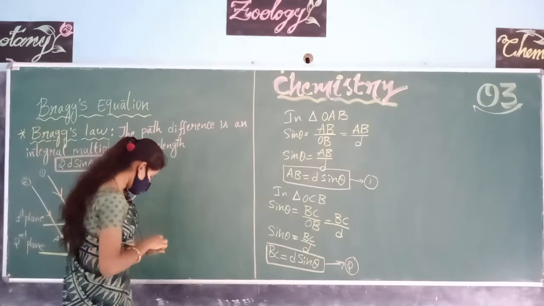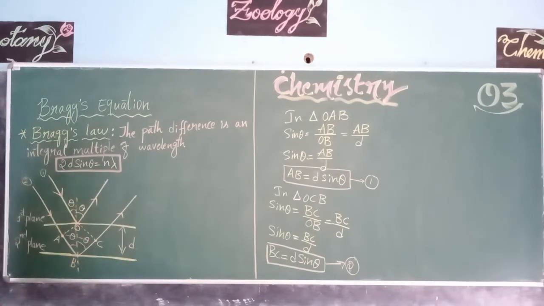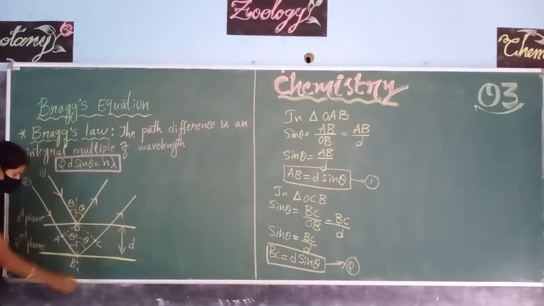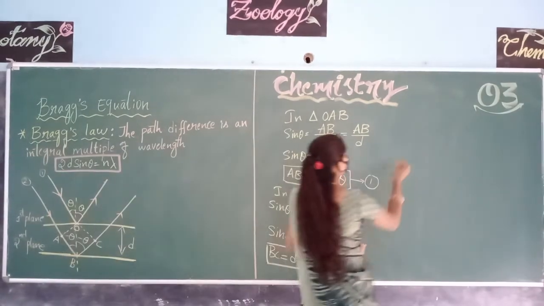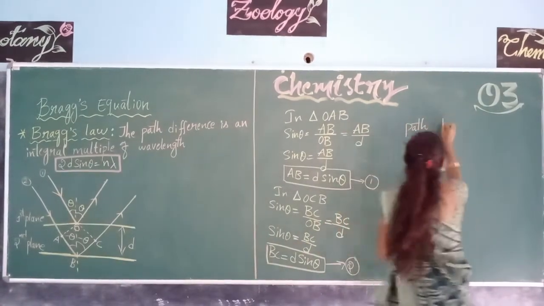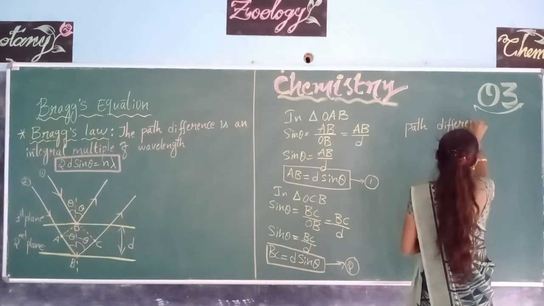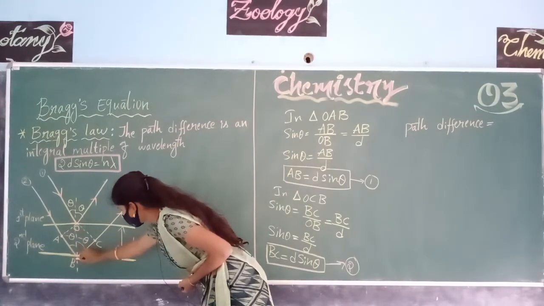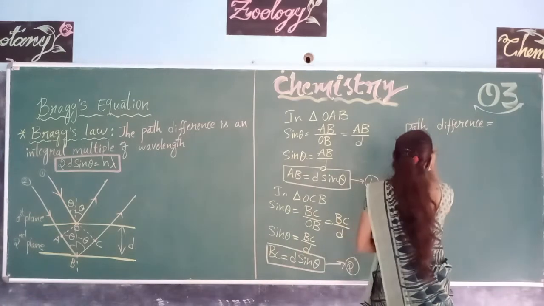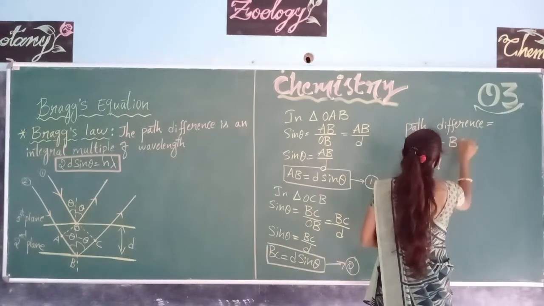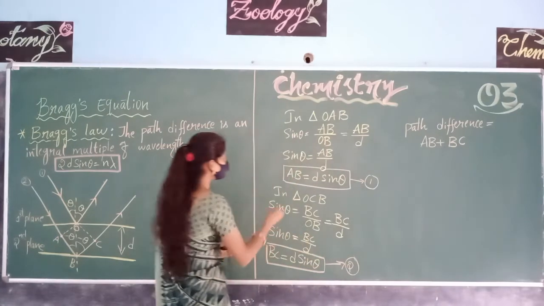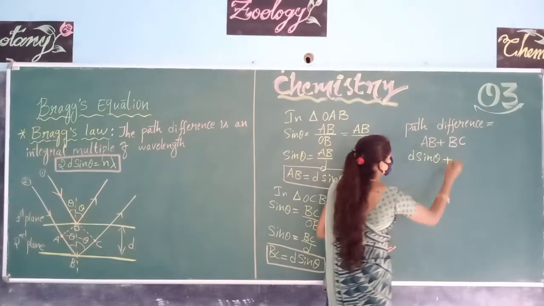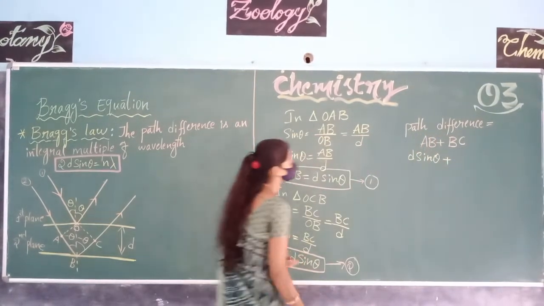Already I told that small d is the distance between the planes. So the distance travelled by the second ray, the path difference, can be written as AB plus BC. Here we can substitute the value of AB as d sin theta, plus we can substitute the value of BC as d sin theta.